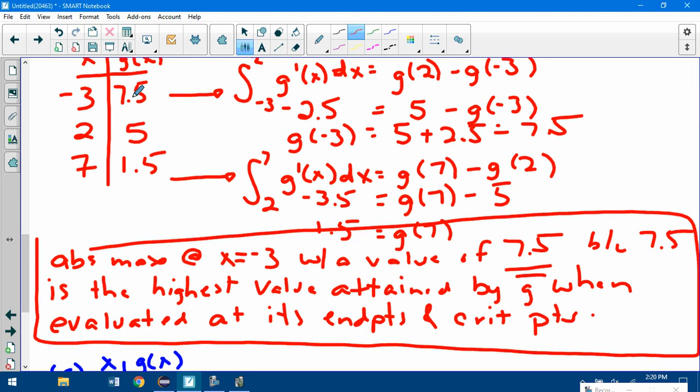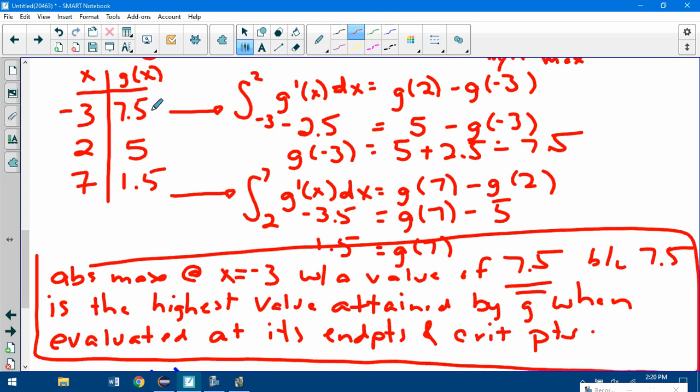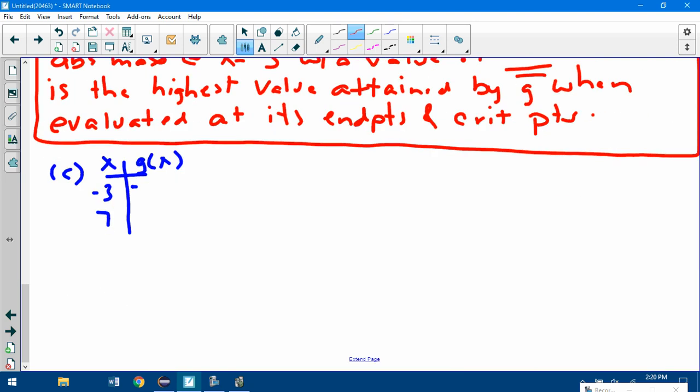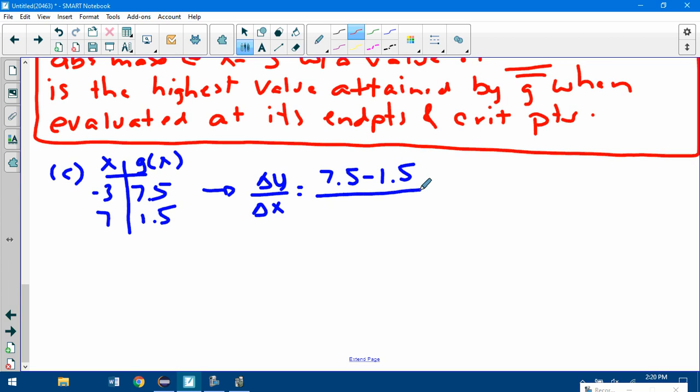We did the work in the last part, 7.5 and 1.5. So change in y over change in x is 7.5 minus 1.5 all over negative 3 minus 7, which is going to be 5 over negative 10, so negative 1/2.